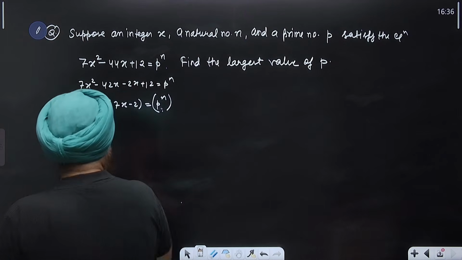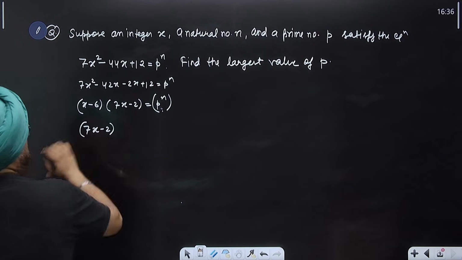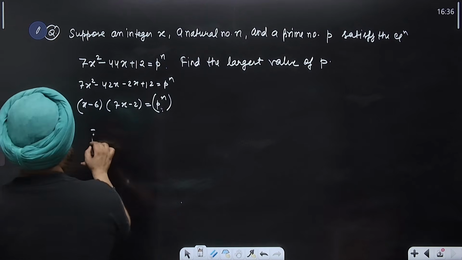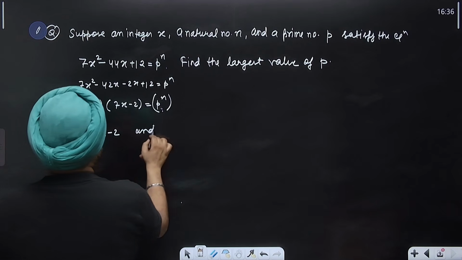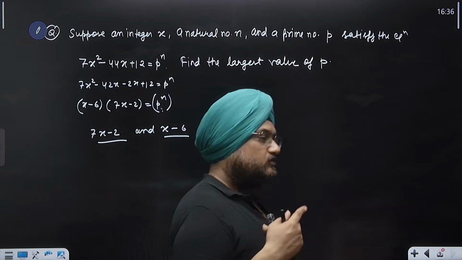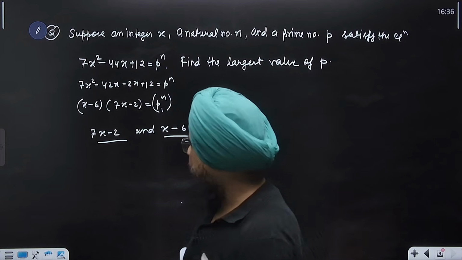So how can we write this equation? The two factors are 7x − 2 and x − 6, and the product of both of them is a natural power of a prime number.